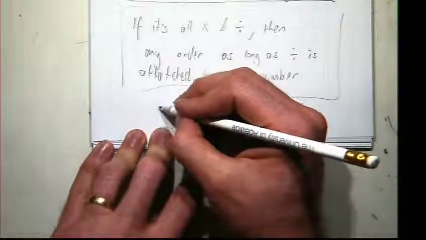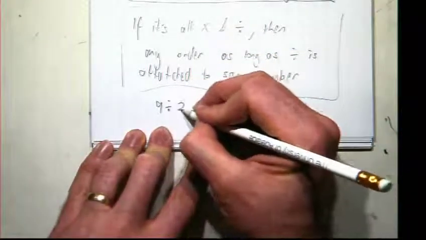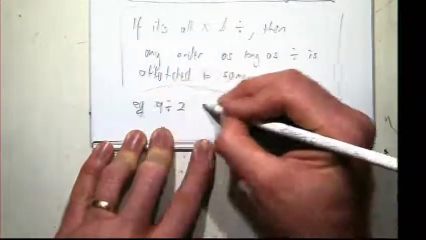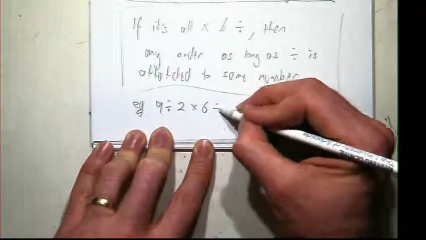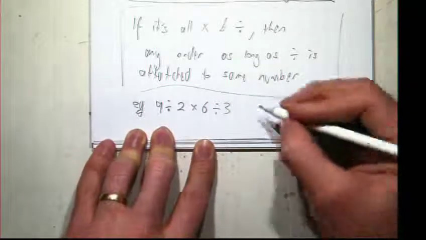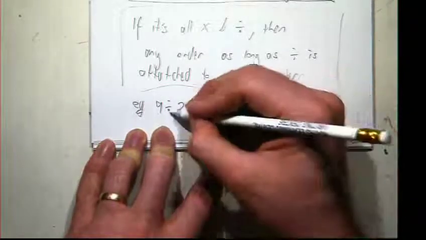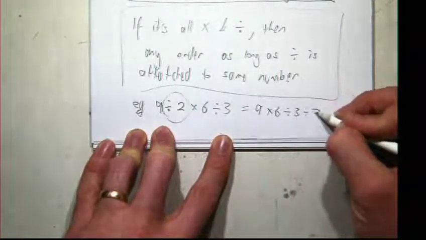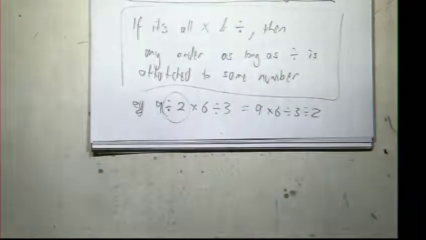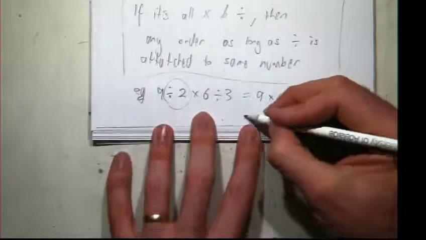So what did we have? 9 divided by 2 divided by 3, I could just as easily move the whole divided by 2 over there. And I could move the 9 to the end if I really wanted.